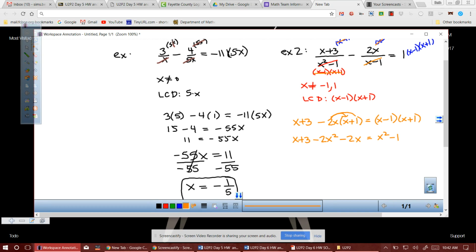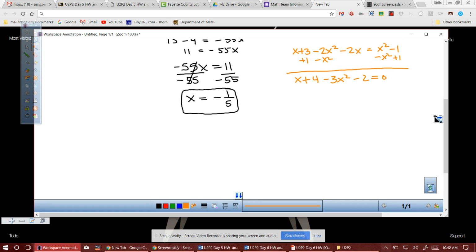So I need to work on bringing everything to one side. So I'm going to subtract x squared. I'm going to add 1, and then I'm not happy with how this looks because I didn't combine like terms yet. So I've got x plus 4, I've got negative 3x squared, and I've got negative 2 equals 0.